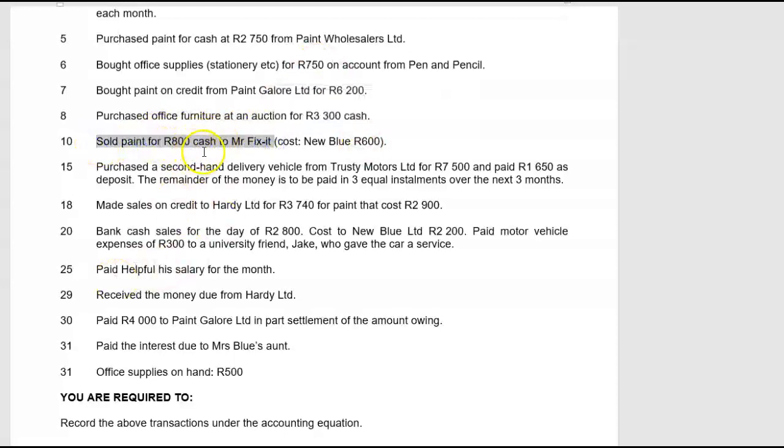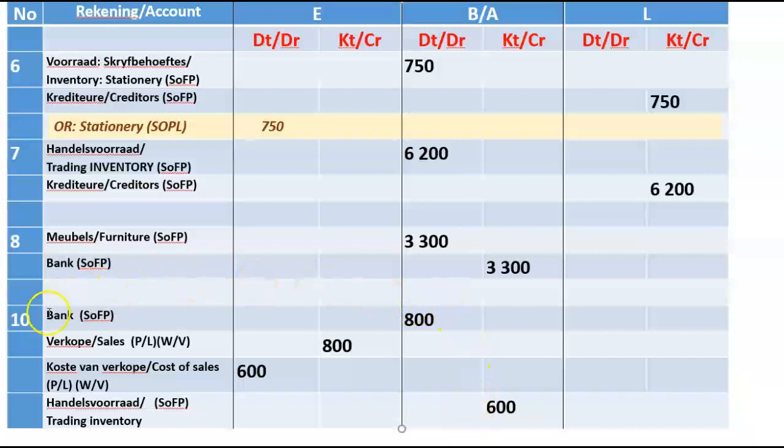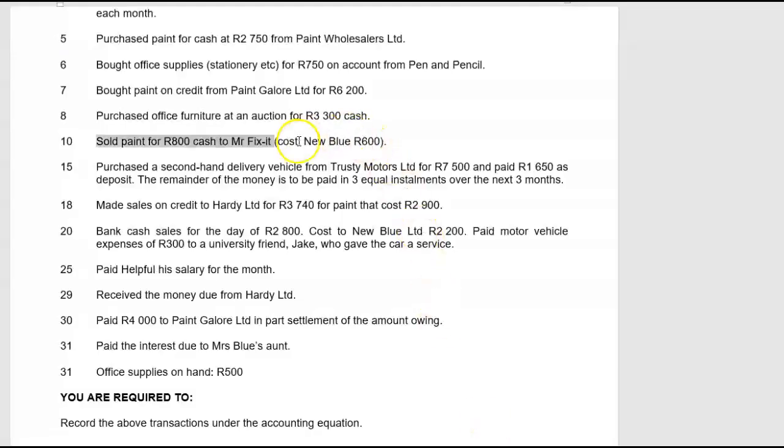It is for cash, so our bank has increased with 800 Rand and we have earned sales revenue of 800 Rand. So bank, asset, debit increased 800 Rand, equity, income, sales, profit or loss 800 Rand. That inventory costed us 600 Rand. So we have to adjust our inventory figure.